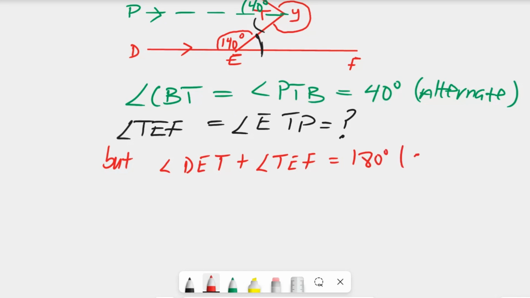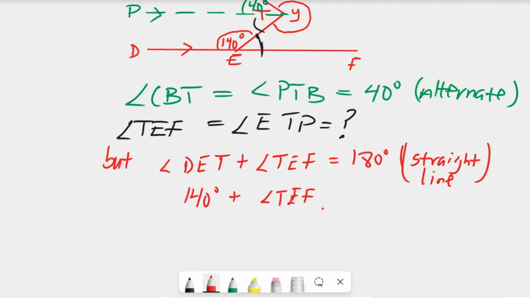They're straight line angles. Angle DET is 140 degrees. So we have 140 degrees here plus angle TEF, that is what we don't know. It's equal to 180 degrees.